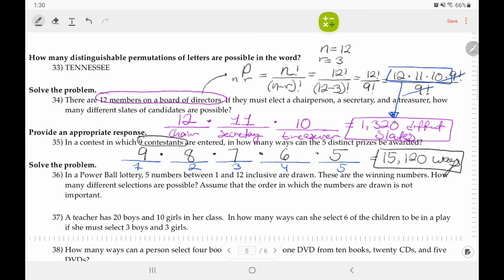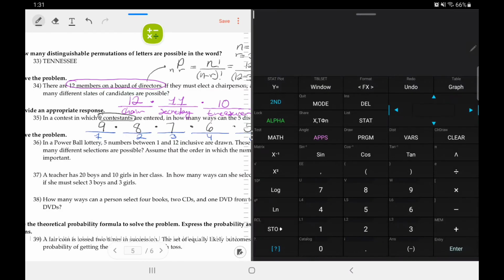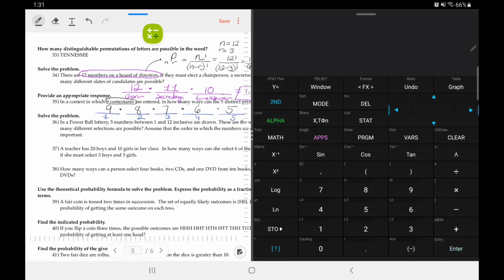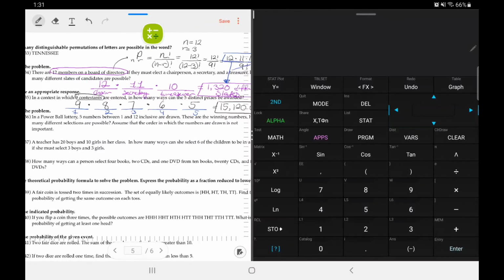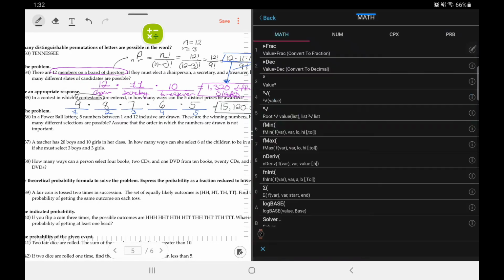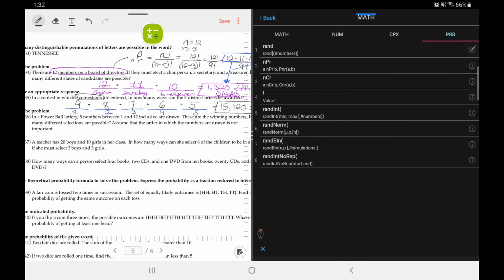Let's do it on a TI-83/84 calculator. What we're going to do is find the permutation in a TI-84 calculator. Type in your first number, because we have 9 contestants. After that, you're going to go over to Math. When you go to Math, use the arrow key and go over to PRB.